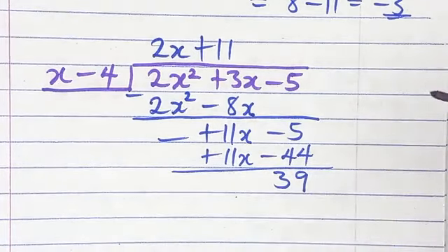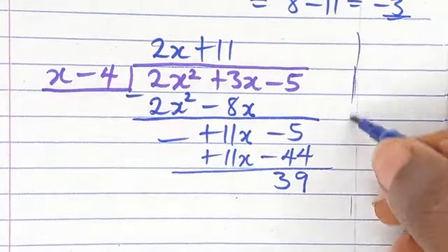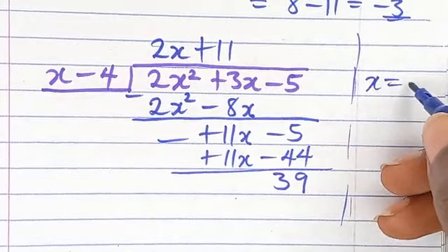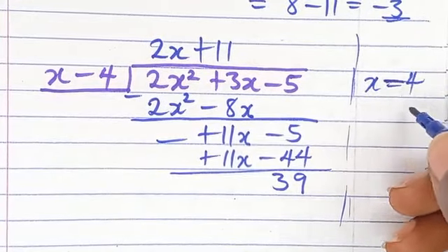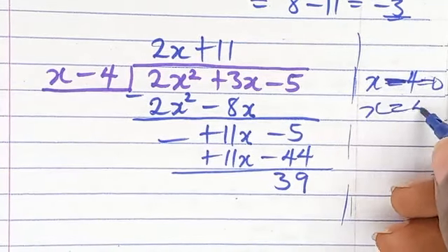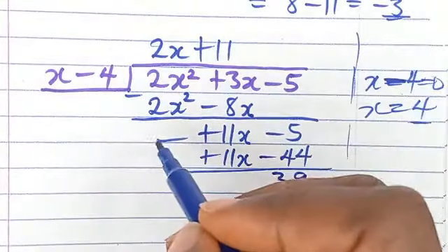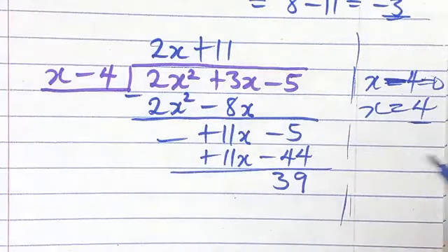Now, like what we did in the previous example, x minus 4, that's the divisor, x minus 4 equal to 0, therefore x is equal to 4. So this 4 is what we are going to substitute, the opposite sign of the constant term in the divisor.